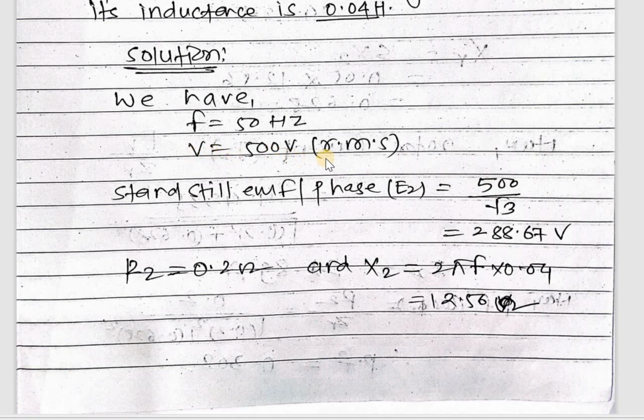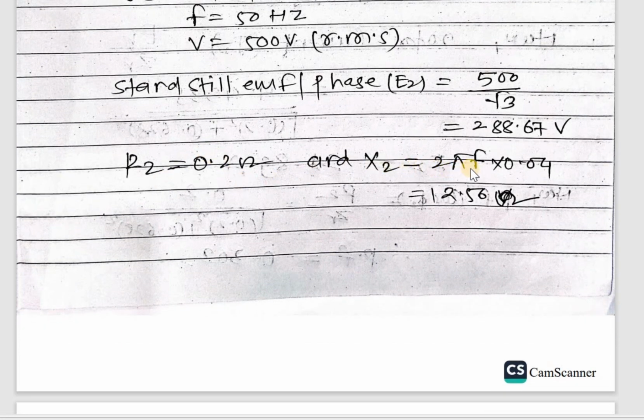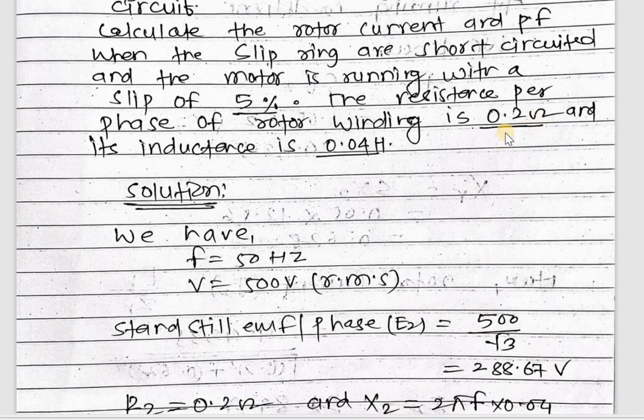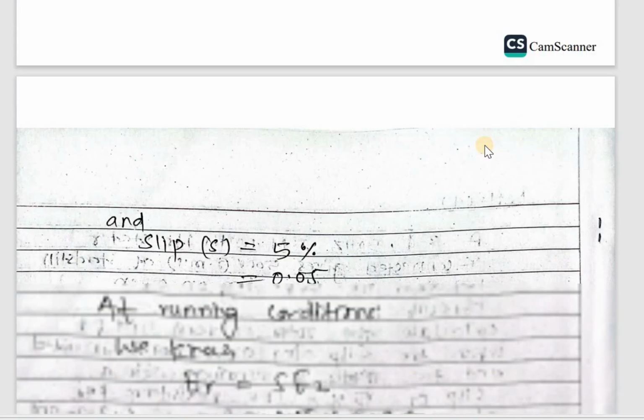Frequency given 50 Hz, voltage 500 volt RMS, and the value of E2 equal to 500 upon root 3, so 288.67 volt, and R2 given 0.2, X2 is 2 pi f into 0.04. This is the given inductance. So X2 equal to omega L. The value of omega L is 2 pi f into 0.04, so 12.56 ohm.